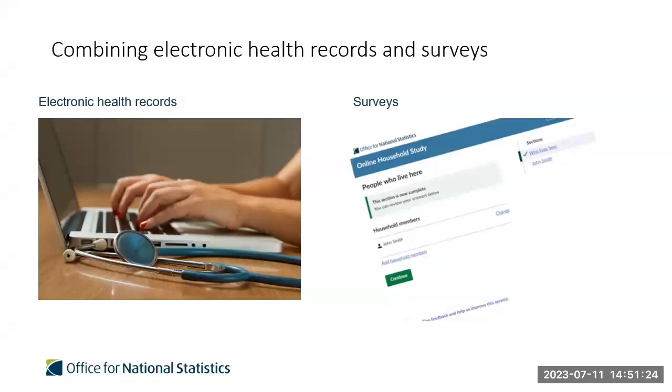So broadly, you probably all know this, but when you look at the research on health, there are roughly 2 types of data sets that are used by analysts. And I'm expecting that most of you are familiar with the electronic health records that you probably use in your job.